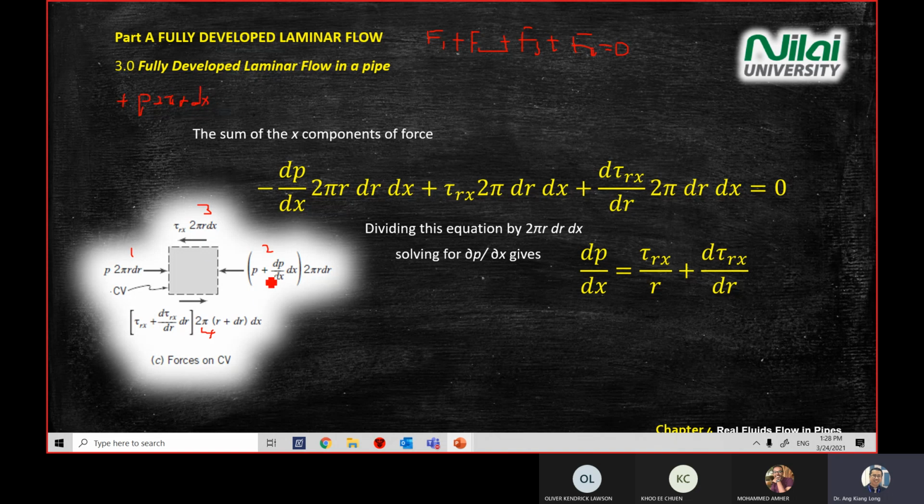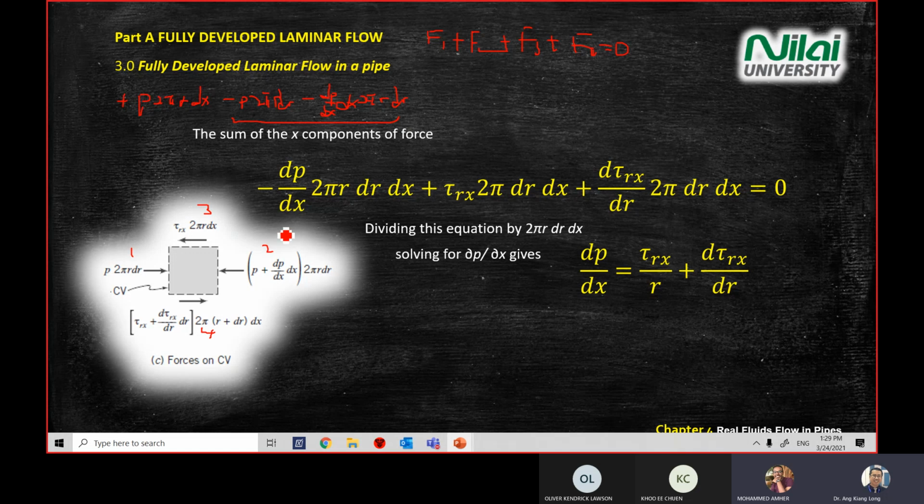Then I continue with the second force, which is negative. So negative P 2 pi R dr negative dp dx dx 2 pi r dr. This is the second force.